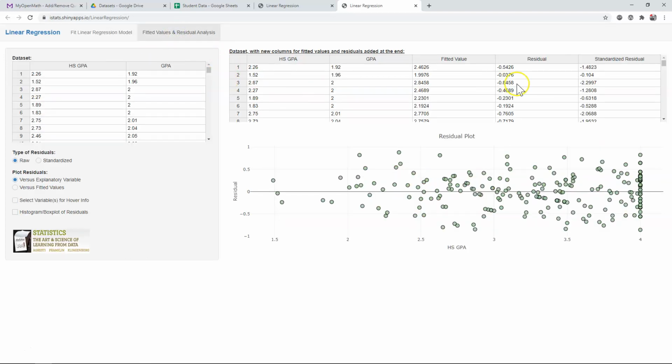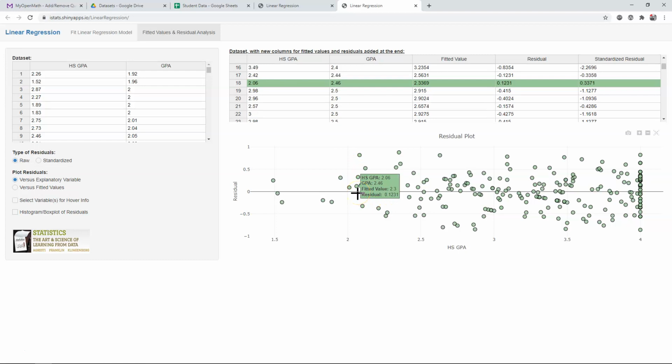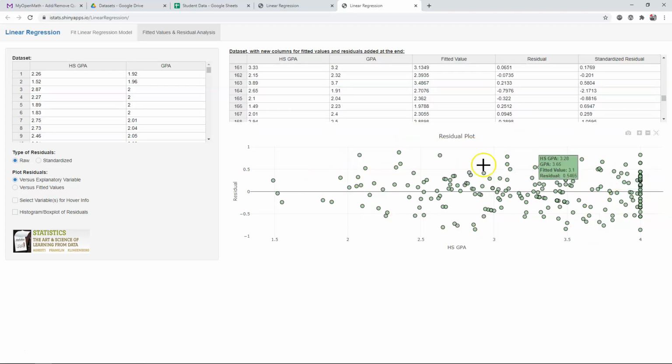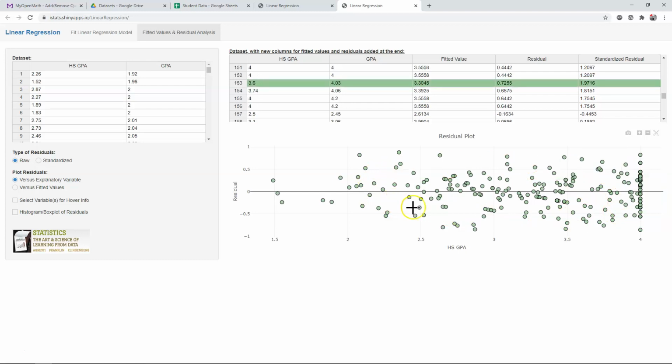When we want to see what these residuals are, this will take the difference between every single value for our GPA compared to what we expected it to be. And these residuals tell us just that. So you're going to see that a plot of our residuals is going to be very useful, and we can quickly open up that plot and analyze it as needed.